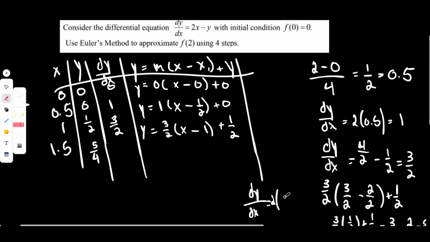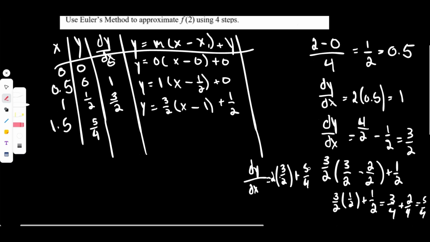Again, I'm going to rewrite this in terms of 3 over 2 plus 5 over 4. This will be 3 plus 5 over 4. But again, I want this in terms of our denominator to be at 4. So I'm going to write this as 12 over 4 plus 5 over 4, which is going to be 17 over 4.